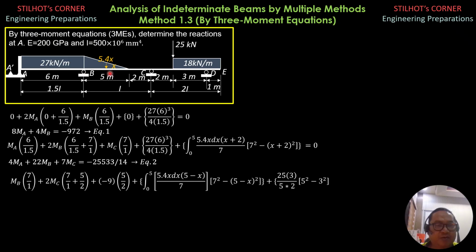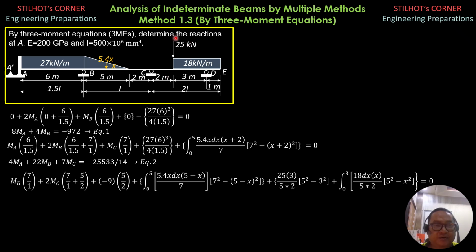Our a would now be 5 minus x, this distance here, then over L 7 quantity 7 square minus a square, 7 square minus 5.4 minus x quantity square, then plus, for this loading there are two.